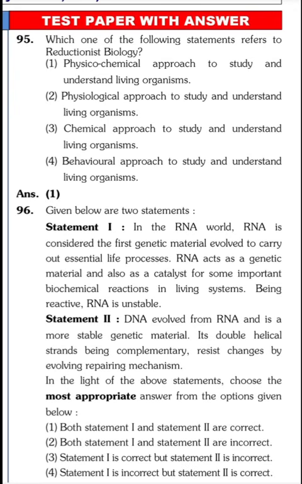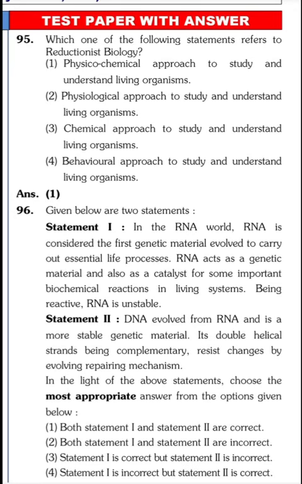Then given below are 2 statements. Many statement questions are also there in this particular question paper, you have to go through it. In the RNA world, RNA is considered the first genetic material evolved to carry out essential life processes. RNA acts as a genetic material and also as a catalyst for some important biochemical reactions in living systems. Being reactive, RNA is unstable.